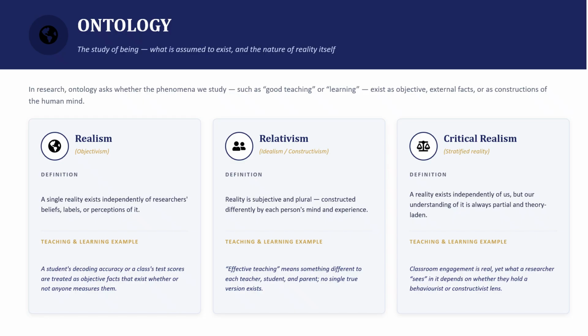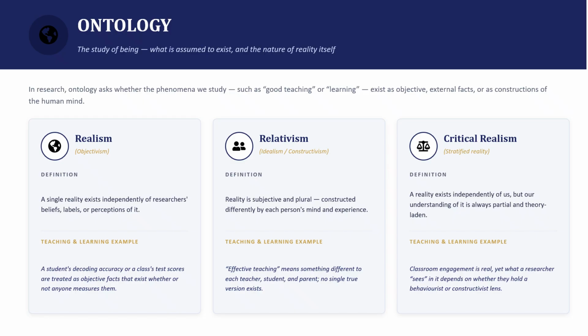But under relativism, effective teaching, there can be a number of realities when you do the research and when I do the research. Perhaps your attitudes can affect your research process, and I may interpret it, I may construct a different meaning of what effective teaching is.